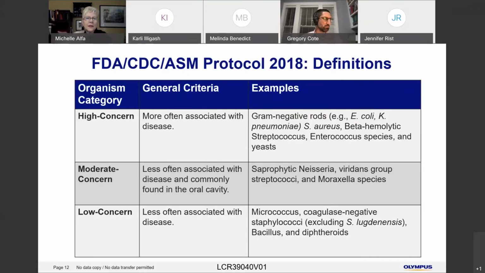Yes, and this is taken directly out of the FDA CDC ASM protocol definitions. High concern organisms are those that were most associated with disease. They're the ones that have been detected in the outbreaks that have been reported, or they've been proven to be associated with contamination of the endoscope.